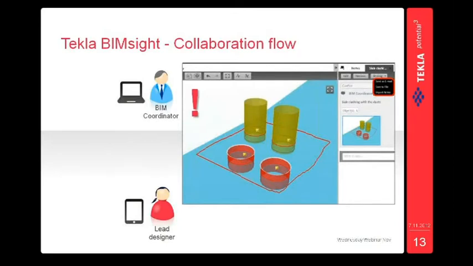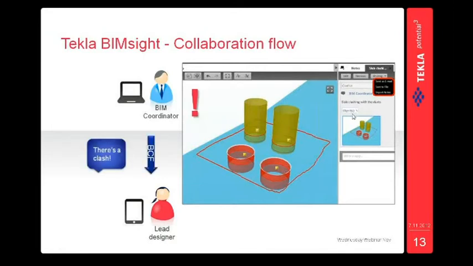As you can see here, a BIM coordinator has run a conflict check against this concrete slab and these ducts, and this slab is clashing with these ducts. What the BIM coordinator has done next is create a note about this issue and link these 5 objects to the note.